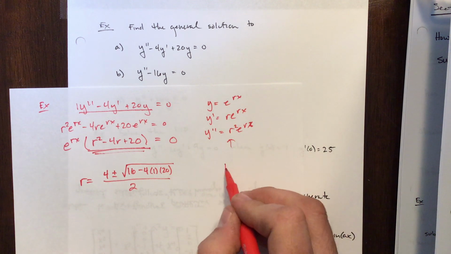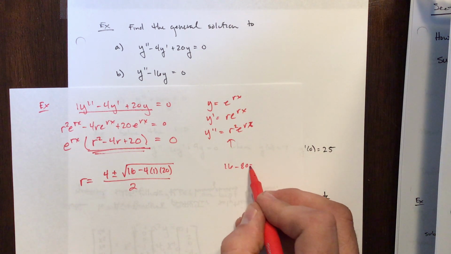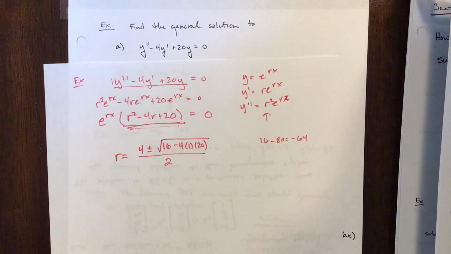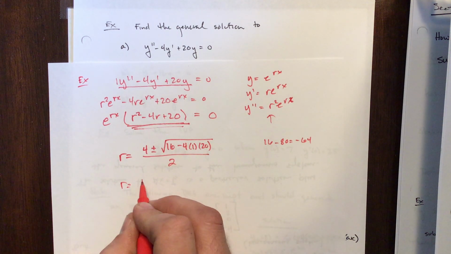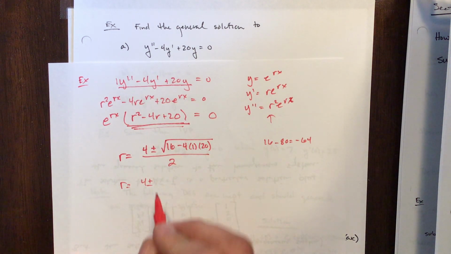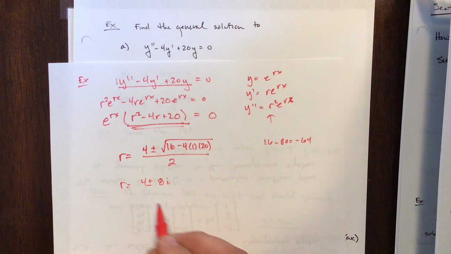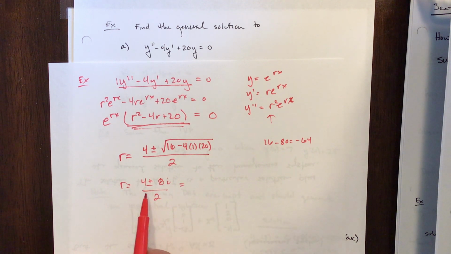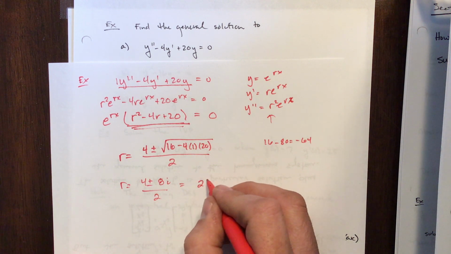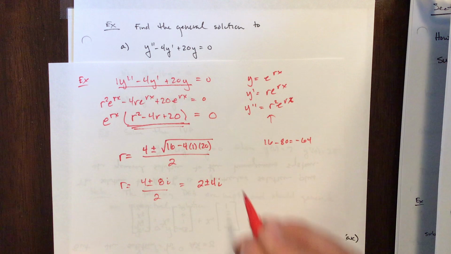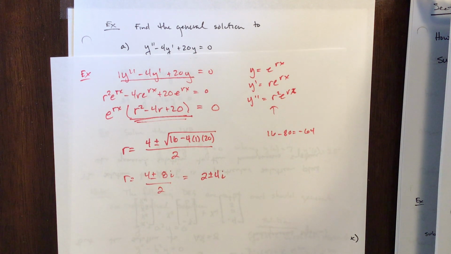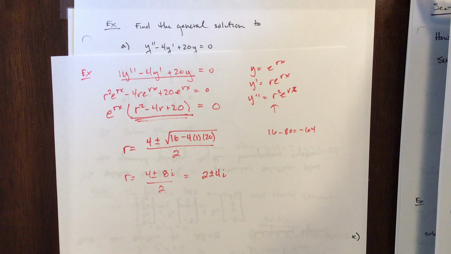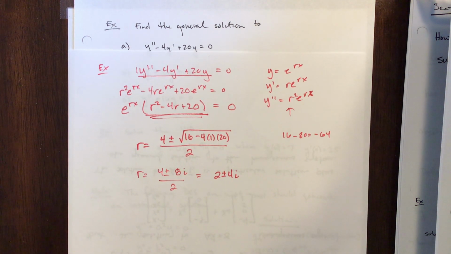So this is 16 minus 80, which is a negative 64. So that's r equals 4 plus or minus the square root of negative 64, which is 8i, all over 2. Factor a 2 out of the top, you're left with 2 plus or minus 4i. That 2 will cancel with the 2 in the denominator. So those are our roots to the auxiliary polynomial.